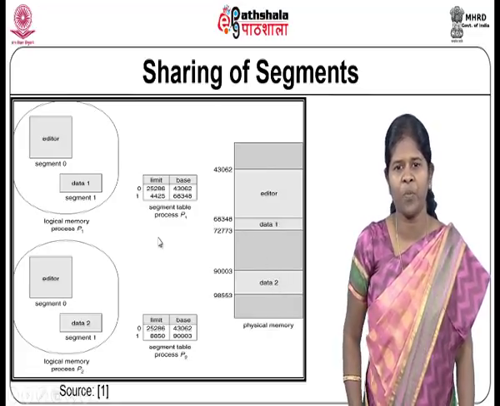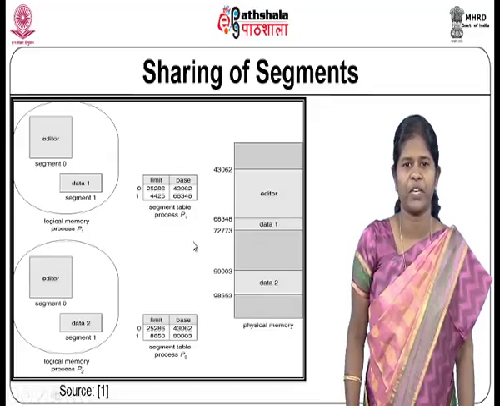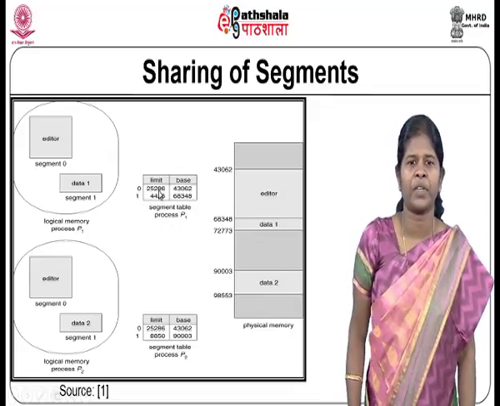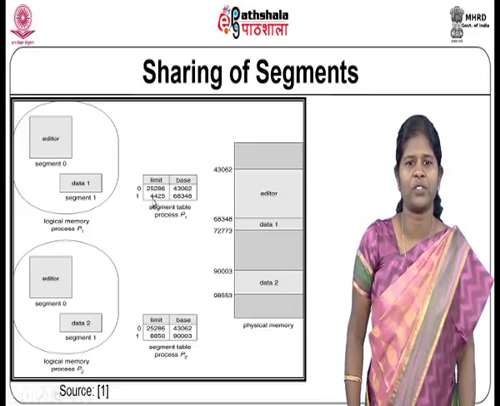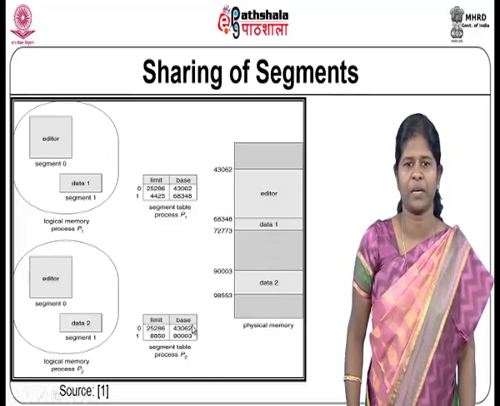So, process P1 and P2 can now share this segment corresponding to the editor program. If you look at the segment table for process P1, you see that corresponding to segment 0, the entry is the same for process P1 as well as for process P2 in the segment table.